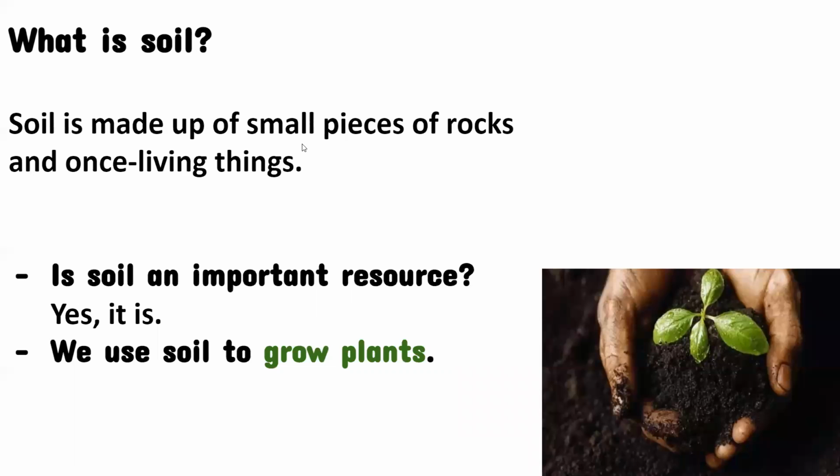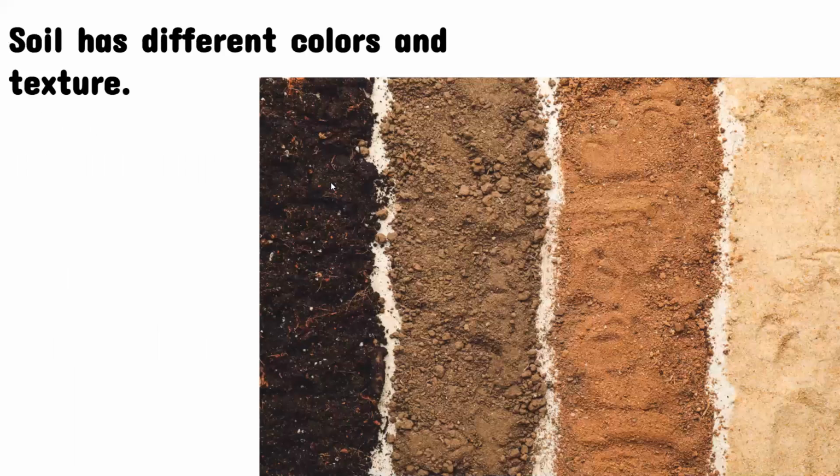And once living things like insects, like very small creatures, can live inside the soil, okay? Or you can find dead animals and animals like insects and plants inside the soil. So is soil an important resource? Yes, it is. And we use soil to grow plants again.